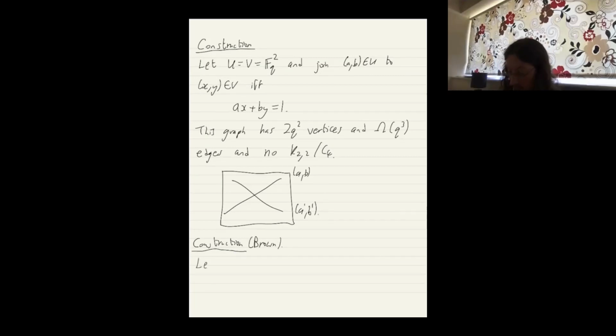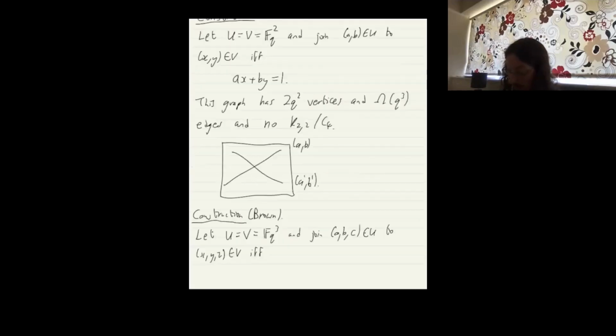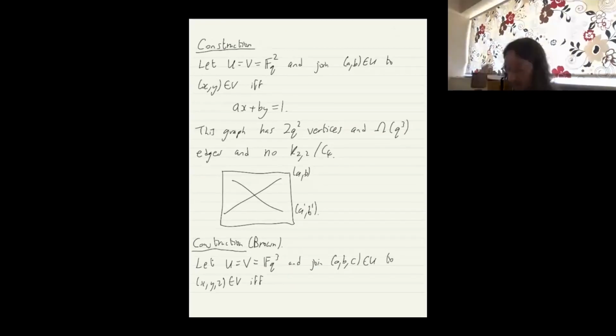And instead we let U equal V equal F_q cubed, and we join (a,b,c), an element of U, to (x,y,z), which is an element of V, if and only if... now, before we talked about lines, here we actually do spheres. So (x minus a) squared plus (y minus b) squared plus (z minus c) squared is equal to 1.